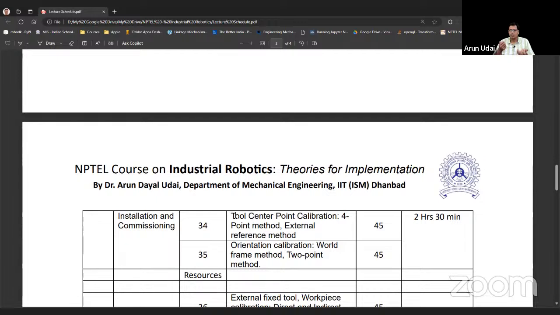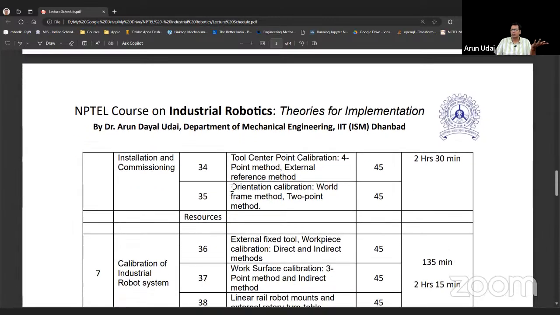You can take the robot to an external reference point and touch it from various directions, and you can get the dimensions of your tool and the tool tip. After that, you can make your robot move about the tooltip. That is quite common in industry, but it is not very familiar to academicians, the UG, PG and PhD students.